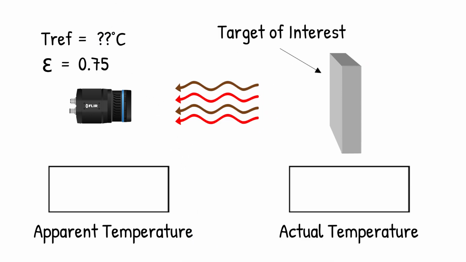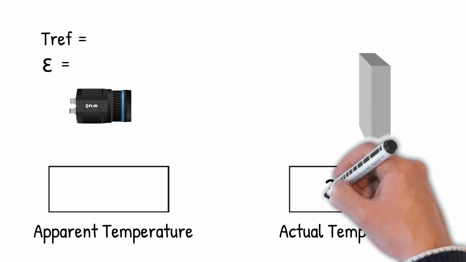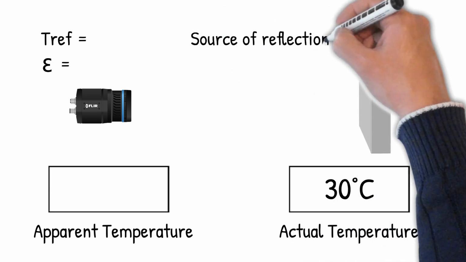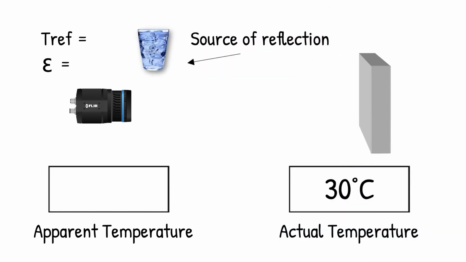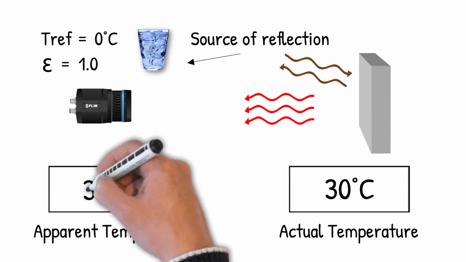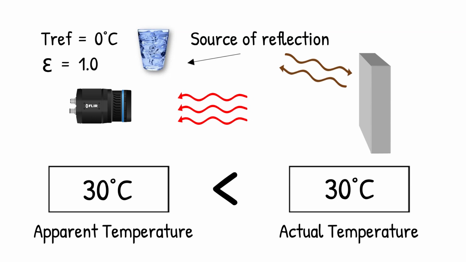If the temperature of the target of interest is 30 degrees C, and the source of reflection is a large cup of ice water with a temperature of 0 degrees C, and the camera emissivity setting is set to 1, the camera will report an apparent temperature lower than the actual target temperature.